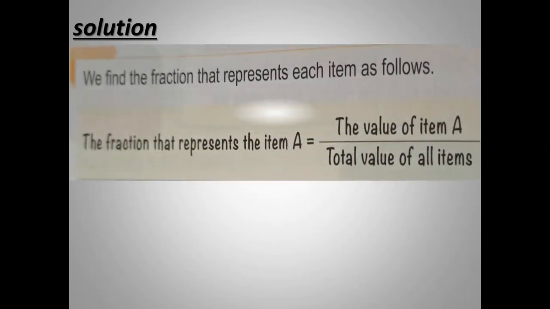Look with me. Number 1, we make the solution first before the drawing. We find the fraction that represents each item as follows. The fraction that represents item A is the value of item A divided by the total value of all items.